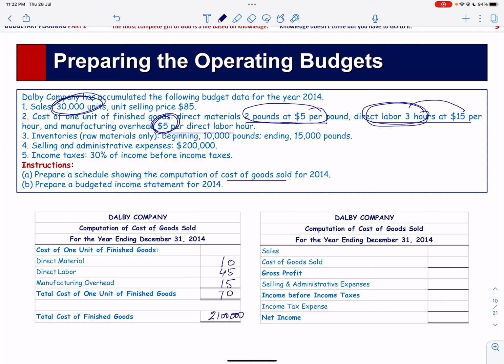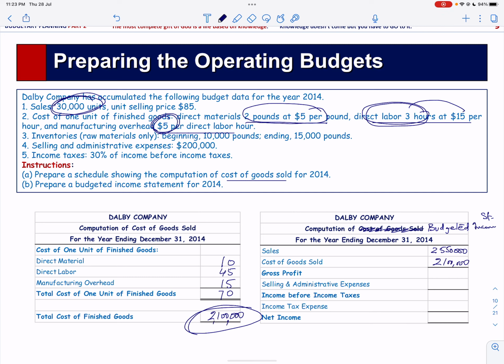Next they say prepare the budgeted income statement. So this is the budgeted income statement. So we have sales, and sales is 30,000 units at the rate of 85, that makes 2,550,000. Cost of goods sold is 2,100,000.